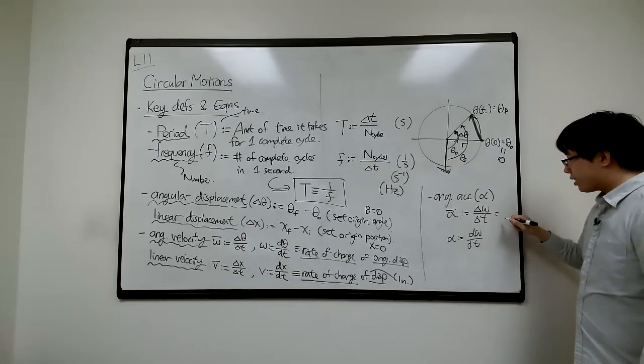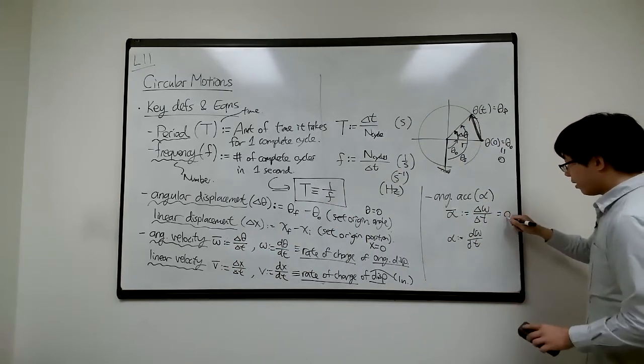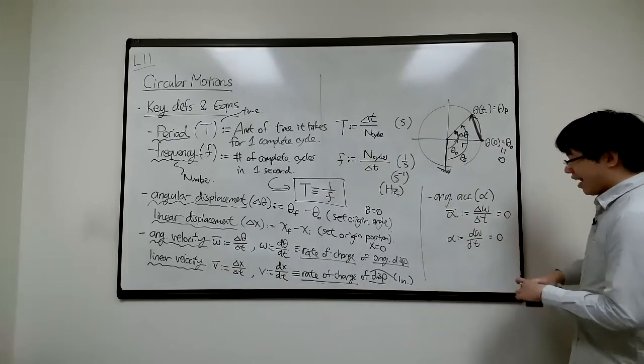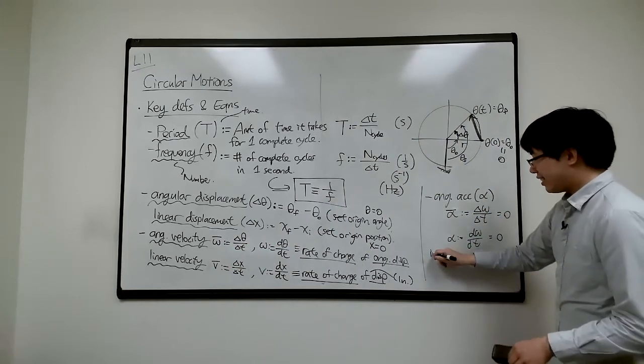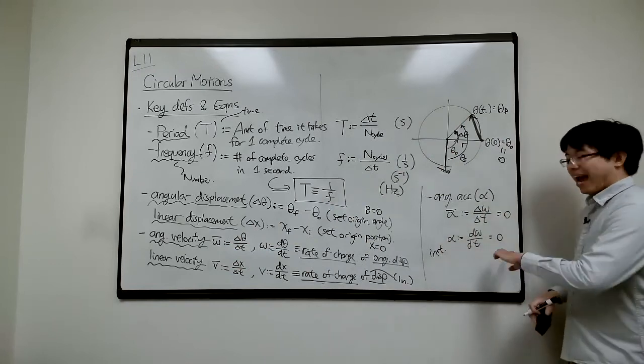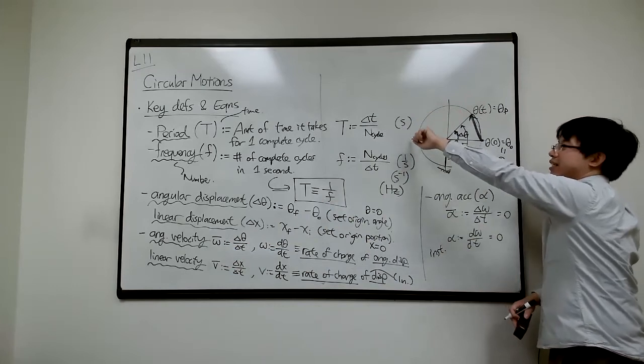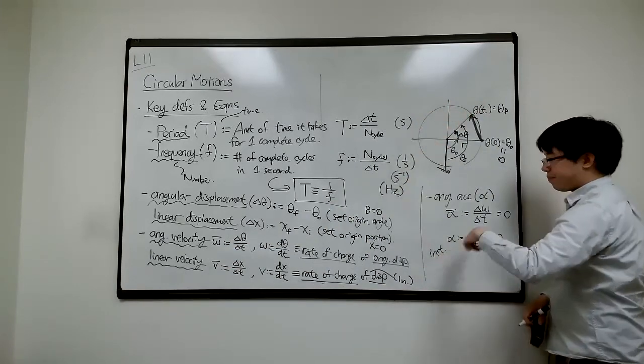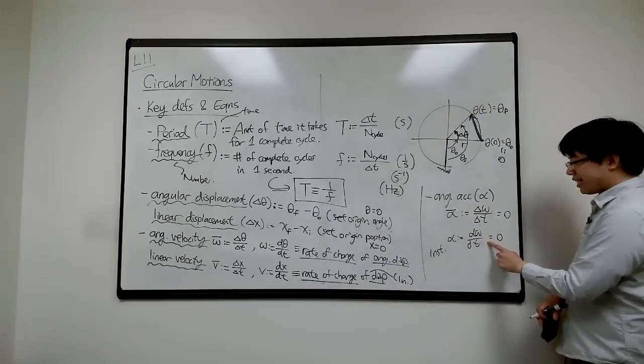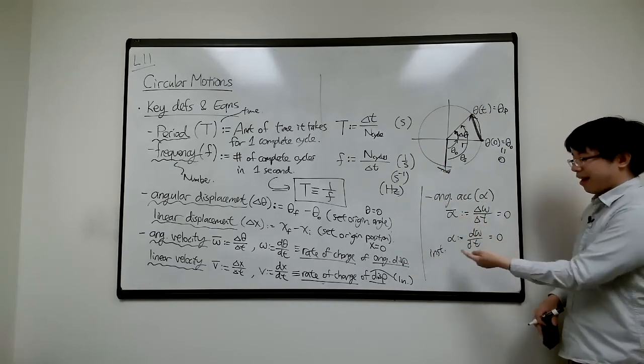So we're going to talk about a special case where this is zero. At every instant, the angular acceleration is zero. So the angle doesn't accelerate. It goes at a constant angle per unit time. So it doesn't accelerate, which means the average is also zero, because at every instant it is zero.